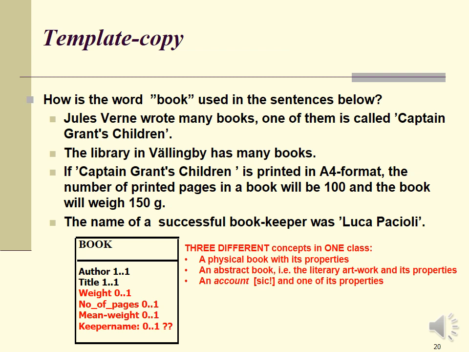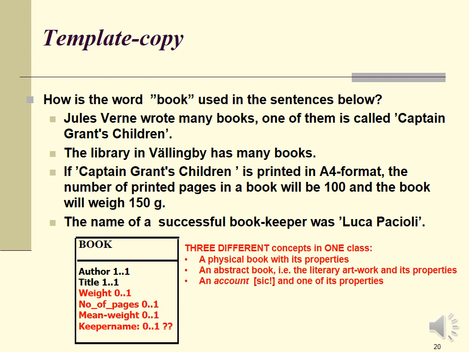And if we try to model all of these concepts, since they are all called book in one and the same class, then we will end up with something like I have done here. Book. There's things like author, title, weight, number of pages, mean weight perhaps, and keeper name. Question mark, question mark. And as you can see, 4 of these attributes do not belong to all instances of a book. For instance, abstract books, that is literary pieces of art, they do not have a weight, they do not have a number of pages.